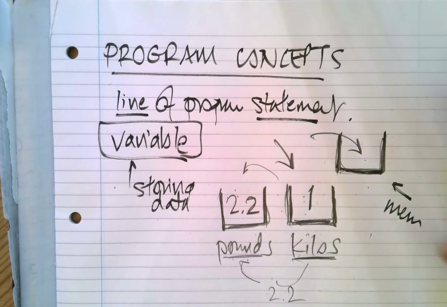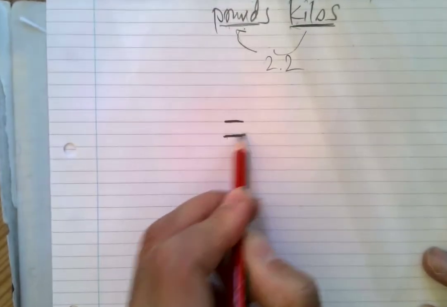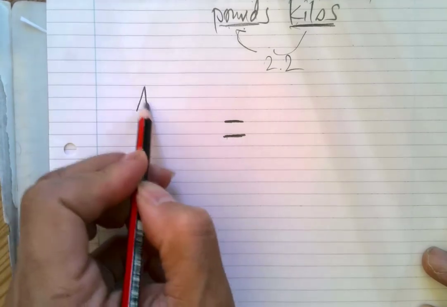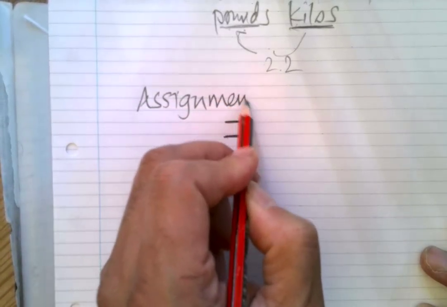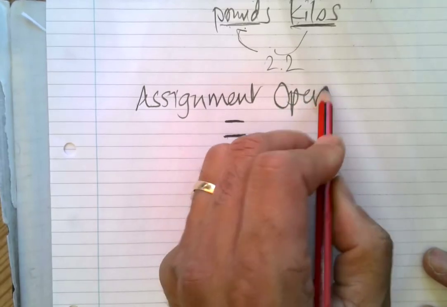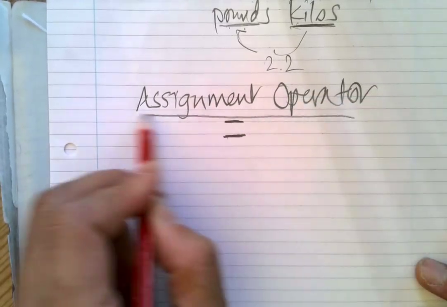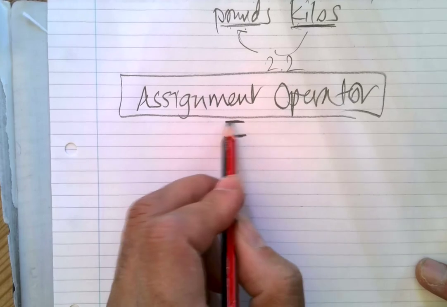So next, really, is a concept I leapt through in the previous video, and that video talked about the equal sign. Now, we call the equal sign an assignment operator. Now that's a long-winded way, and you might say, why can't you just call it the equal sign?